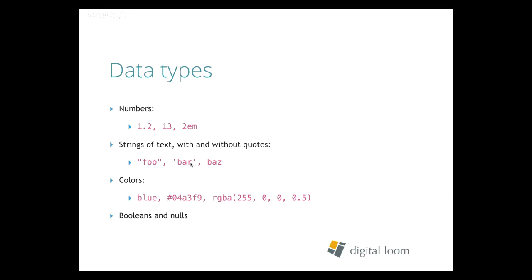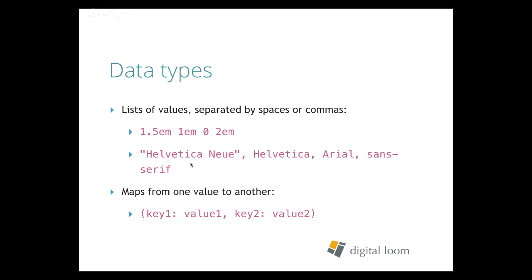You have booleans and you have null values as well. And more data types that are very useful, the examples that I will show you later, are lists of values which may or may not be separated by commas.